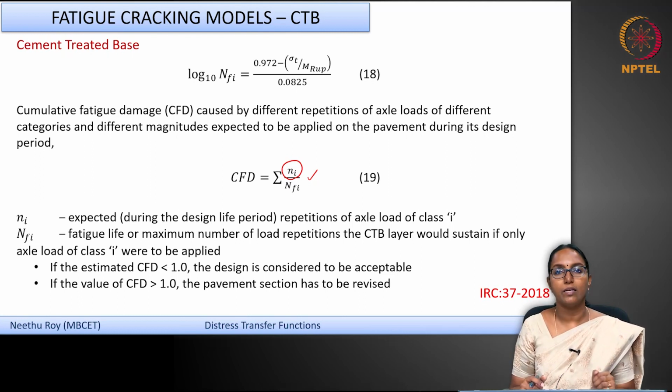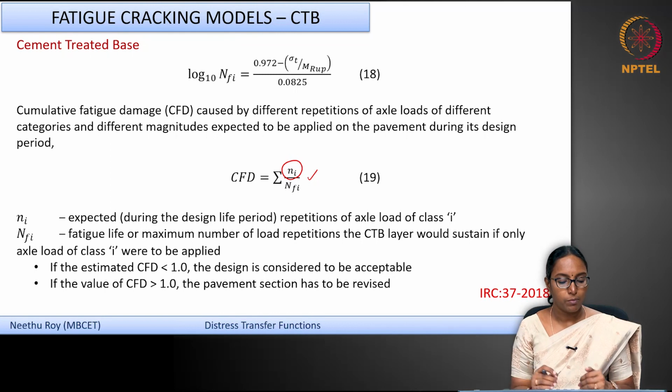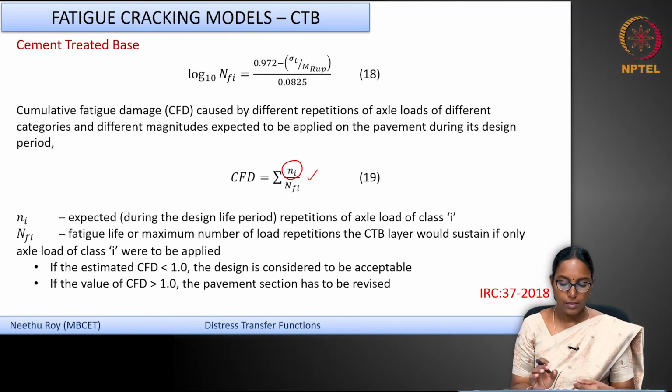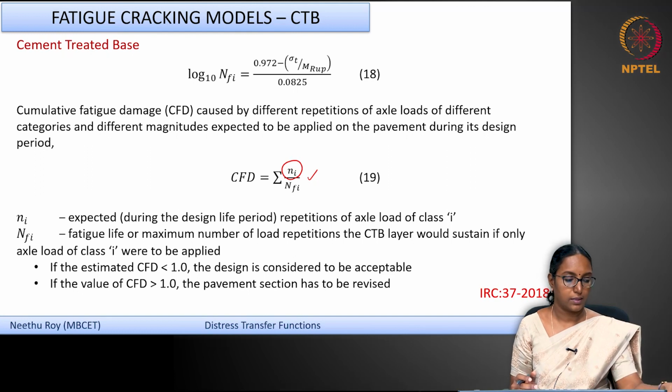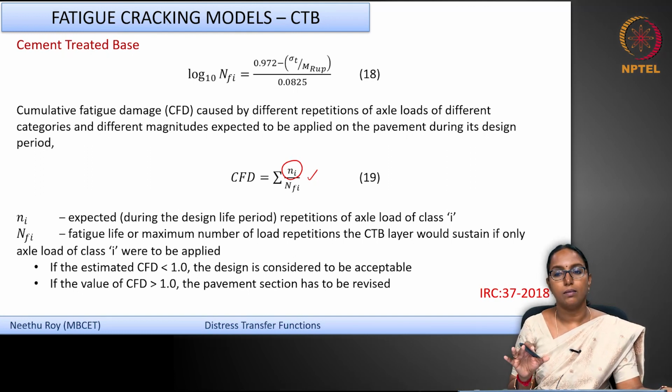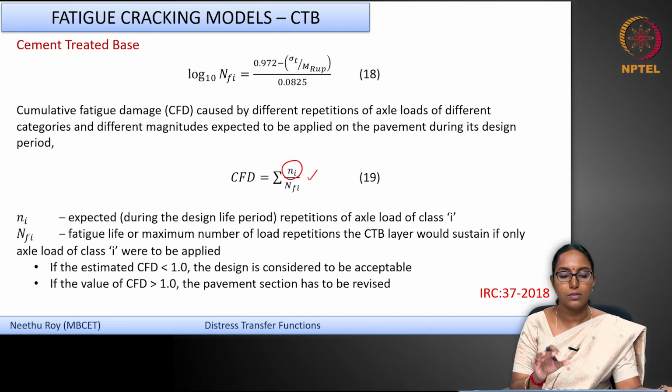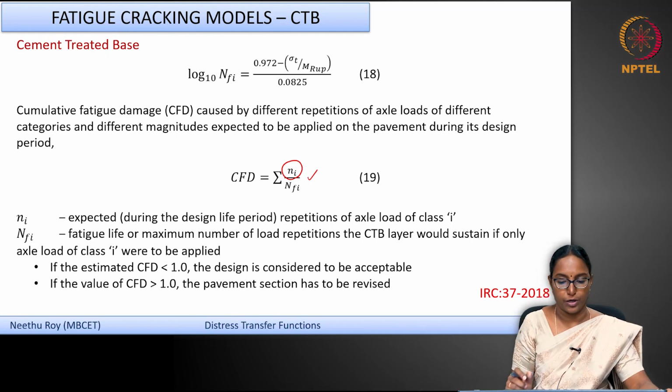If this cumulative fatigue damage is less than 1, the design is acceptable, that is, the damage has not exceeded. But if it exceeds 1, then the pavement section has to be redesigned. So in the design of flexible pavements with cement treated base layers, it is recommended that this approach be used to check whether the CTB layer and the design are appropriate.